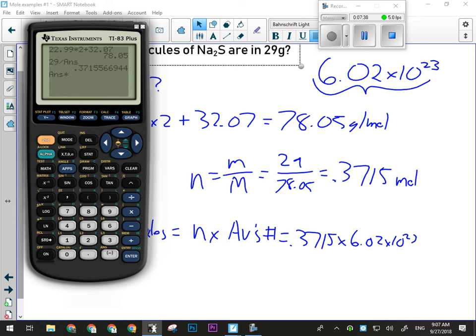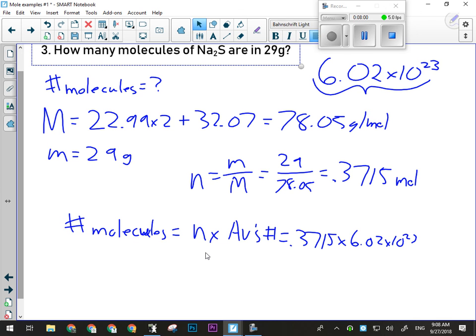So now I'm taking all the decimals, not just the rounded version, and I'm multiplying that by, in brackets, 6.02 E23, end the brackets, and I've got 2.24 times 10 to the 23 molecules.